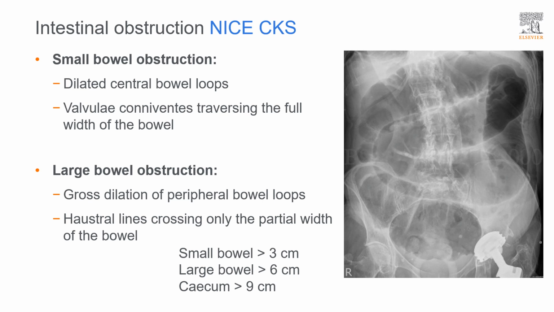Small bowel obstruction presents with dilated central bowel loops on an abdominal film, and you can see the valvulae conniventes traversing the full width of the bowel in the image provided associated with the question. Large bowel obstruction presents with gross dilation of peripheral bowel loops with haustral lines crossing only the partial width of the bowel, as seen in the image off to the right here. Dilation of the bowel is defined as over 3 centimetres of the small bowel, over 6 centimetres of the large bowel, and over 9 centimetres at the cecum.